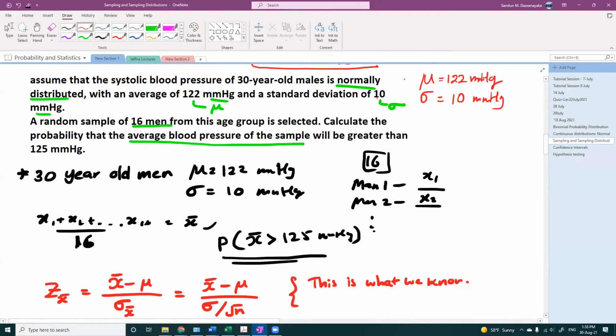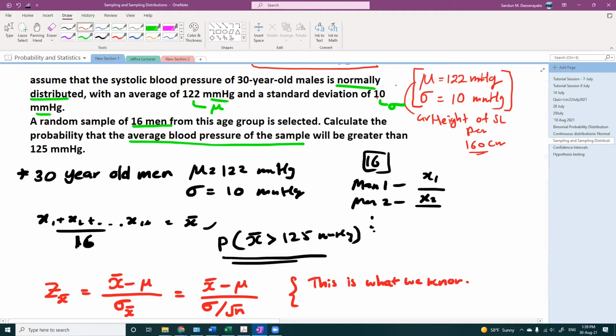So this is known. Like the height of a Sri Lankan person is 160 centimeters on average. So this is the mu. Similarly, the normally distributed average for blood pressure is 122.